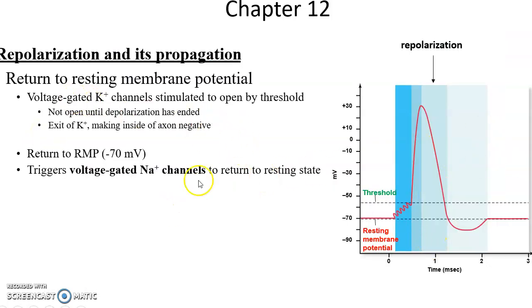Repolarization involves the opening of voltage-gated potassium ion channels. They open, potassium ions flood out, leading to a return to resting potential, often with hyperpolarization. It goes even further past negative 70 millivolts to maybe negative 80 millivolts. But eventually, through the sodium-potassium ion pumps, it will return to resting potential. So voltage-gated potassium ion channels open slightly after the voltage-gated sodium ion channels, leading to repolarization.